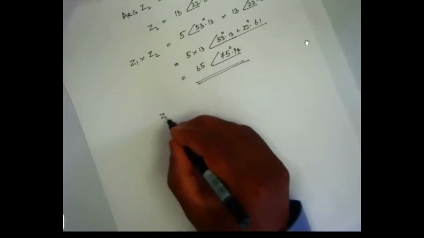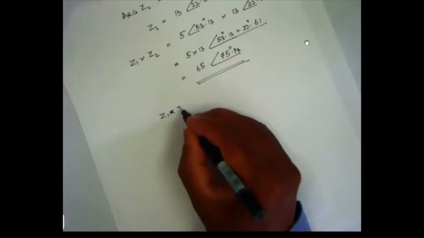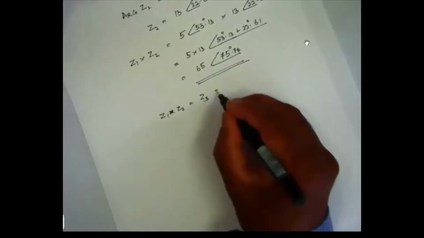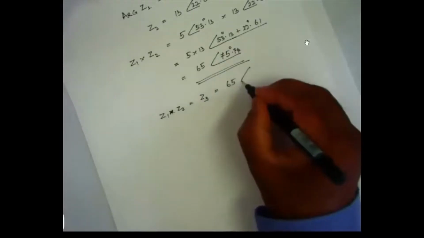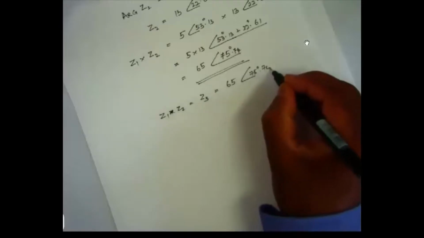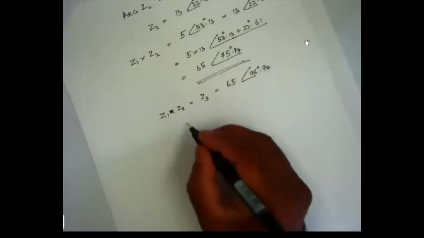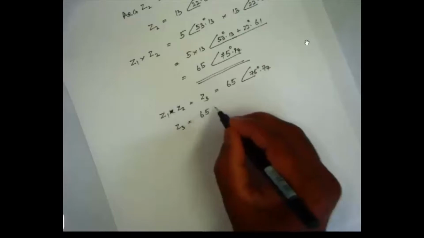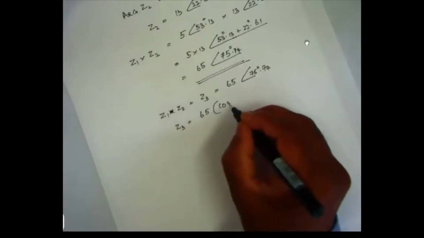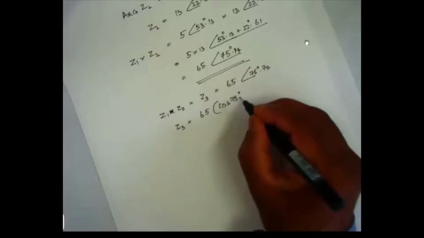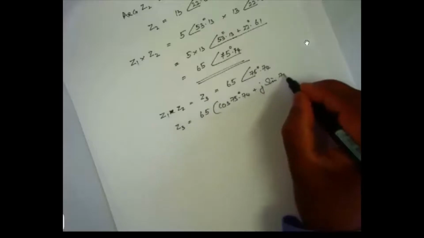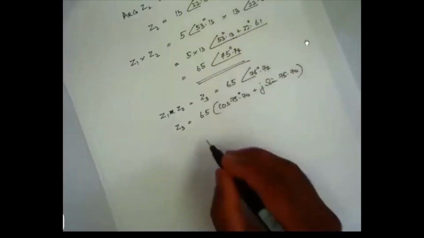Z1 times Z2, let's say that is equal to Z3, which is equal to 65 angle 75.74 degrees, and we can say Z3 is equal to 65 cos 75.74 plus j sin 75.74, and of course we can find the values there.